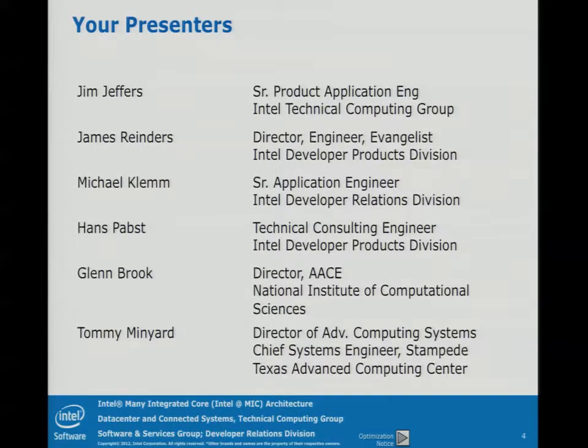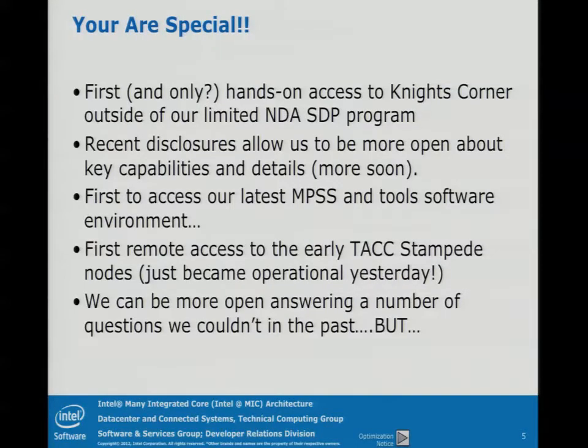So we took advantage of the fact that some significant things were revealed. I'll talk about them in a second. So really, this group is very special. There are going to be a lot of firsts today, in particular with access beyond our normal NDA partners.